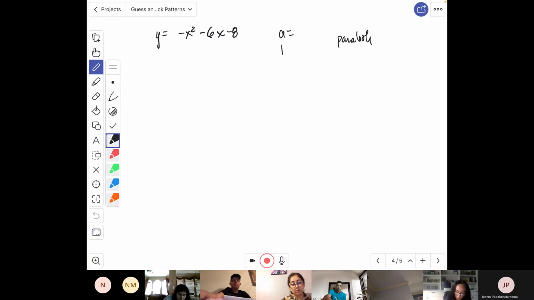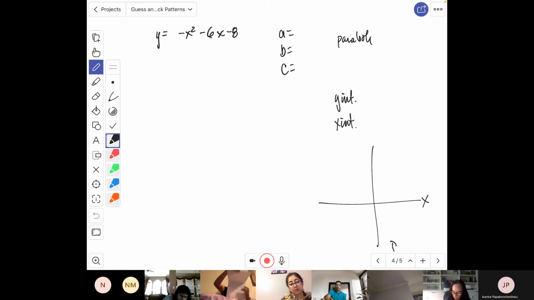I'd like you to identify A, B, and C. Then I would like you to tell me the y-intercept and the x-intercepts. And then I want you to graph it. And then I want you to check your graph after you've given me this information on Desmos. So this is what you're doing.